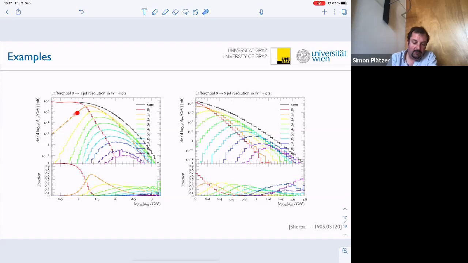Then the one jet matrix element kicks in and fills in the tail, but the tail is made up of larger and larger jet multiplicities as well. And equally well, you can look at the 9 to 8 transition scale, and there is no bump, nothing at wherever the merging scale was in this case.